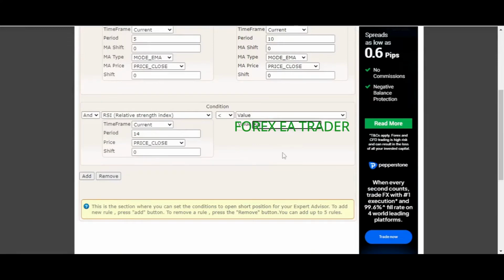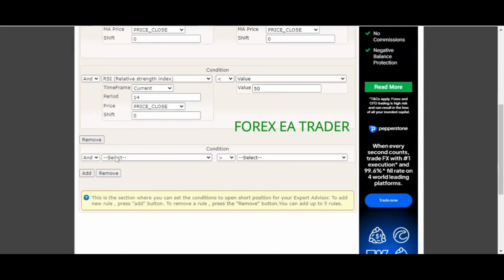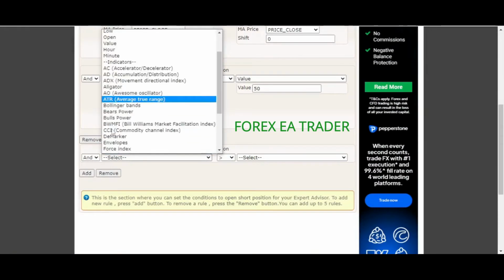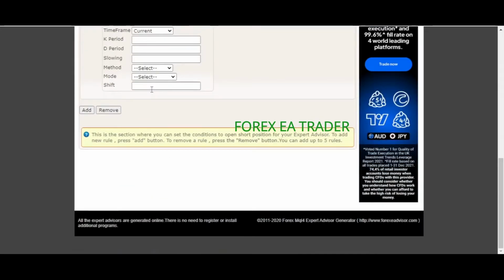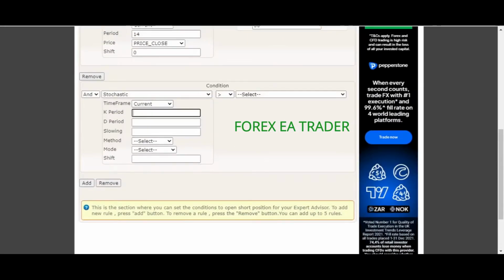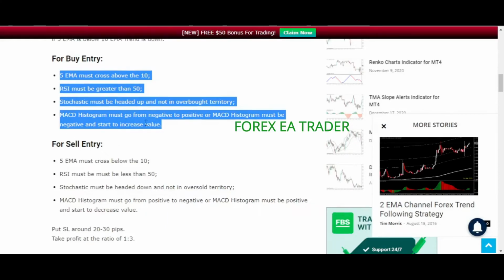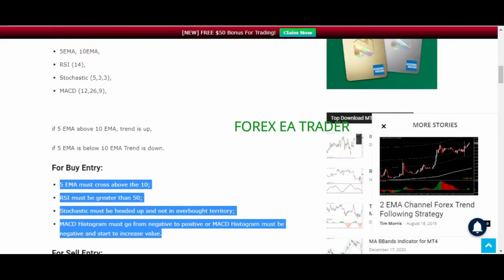Then we are going to add our stochastic. There is our stochastic, and what was the value for stochastic? 5, 3, 3.